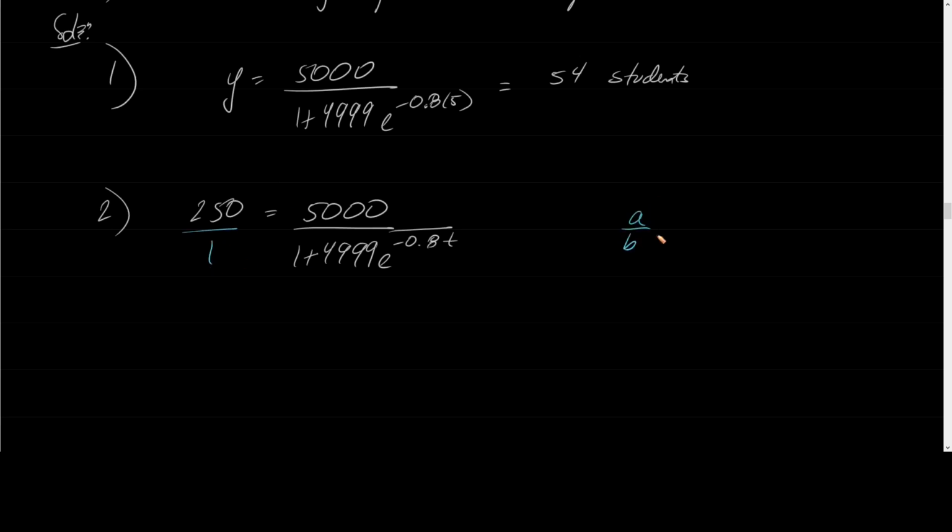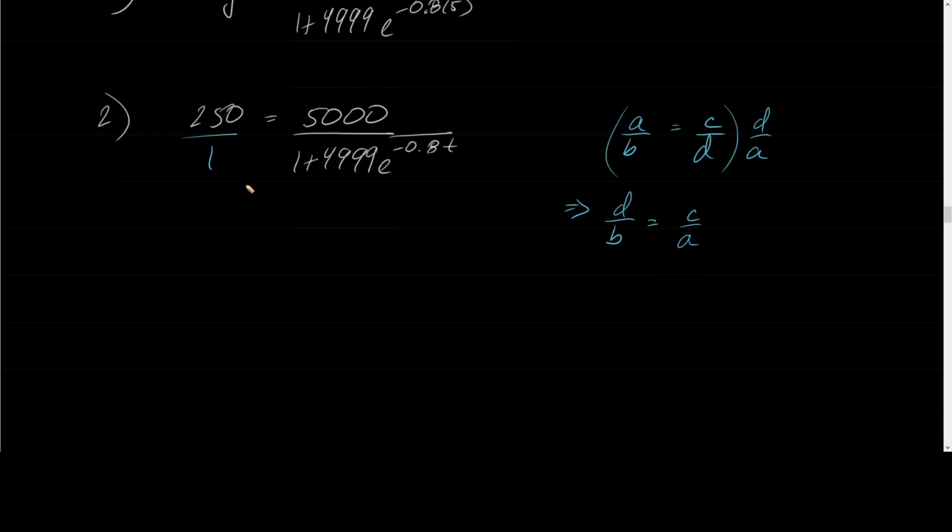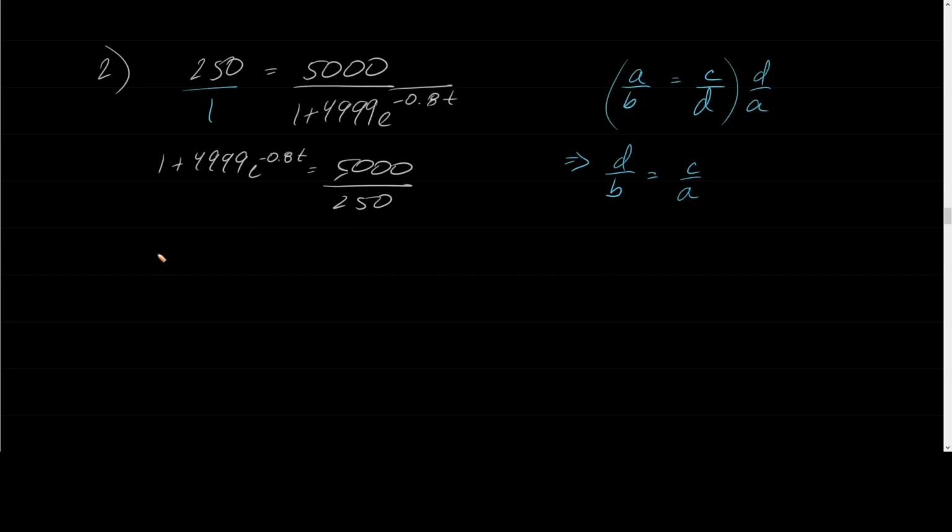If I have A over B is equal to C over D, I can multiply by D over A. On the left side, D over A times A over B just becomes D over B. On the right side, C over D times D over A becomes C over A. So it follows that 1 plus 4,999 e to the negative 0.8 t is equal to 5,000 over 250, and 5,000 over 250 is just equal to 20.